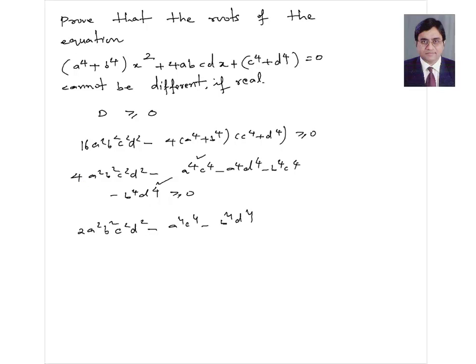Then another 2a squared b squared c squared d squared. Then a^4 d^4 minus b^4 c^4. Now I hope you are able to get that thing. Minus 4 times (AC minus BD) whole square plus (AD minus BC) whole square.